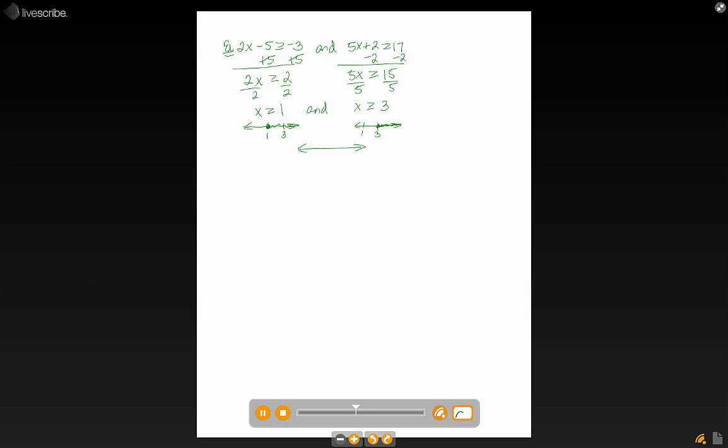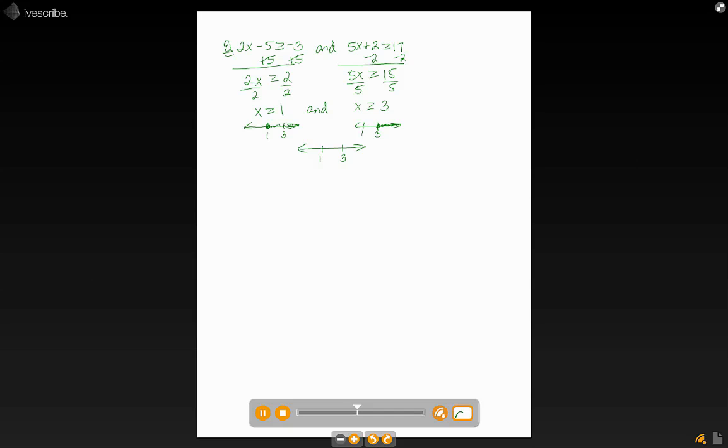Watch this. If you write 1 and 3 on your graph, it breaks it up into 3 pieces, doesn't it? The left part never got shaded, right? That's definitely not my answer. The middle interval got shaded for the left graph, but not the right graph. Only shaded once.